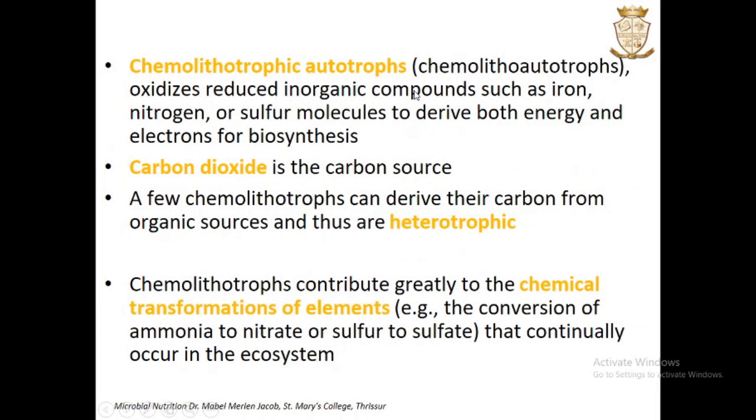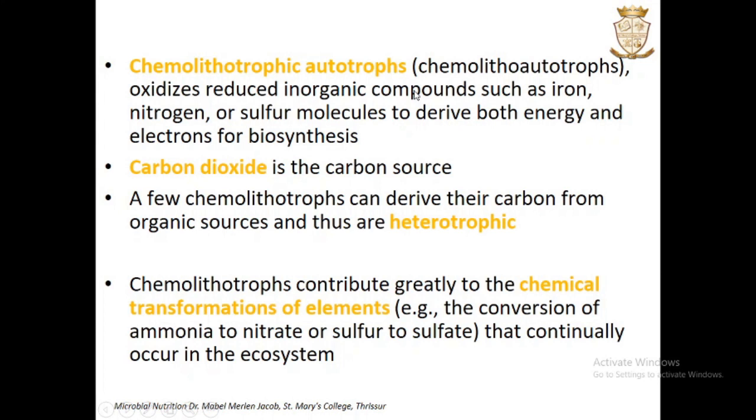Chemolithotrophic autotrophs or chemolithoautotrophs oxidize reduced inorganic compounds such as iron, nitrogen, or sulfur molecules to derive both energy and electrons for biosynthesis. So they depend on inorganic compounds for energy and electrons. Carbon source is carbon dioxide since they are autotrophs, but they can also derive carbon from organic sources and then they become heterotrophic.